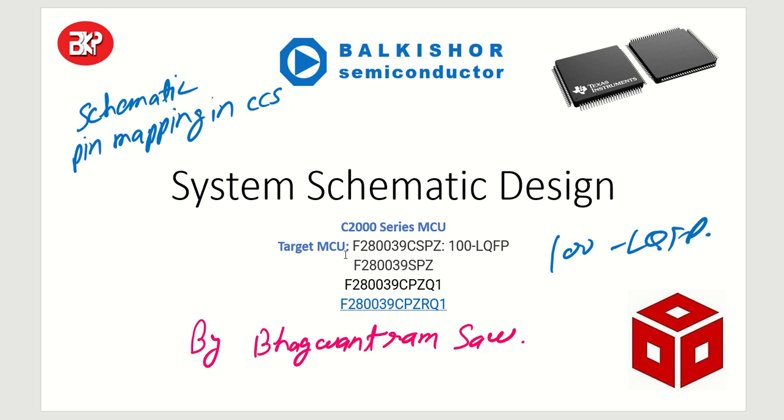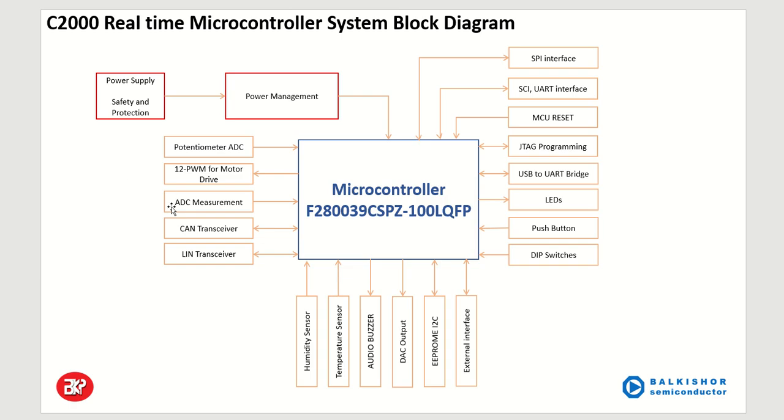The thing we are going to quickly observe is the complete block diagram that we will be talking about around this microcontroller: power supply, safety and protection, and how power supply management works, like different voltage rails, say 5 volt or 3.3 volt, or a voltage reference like 3 volt VREF.